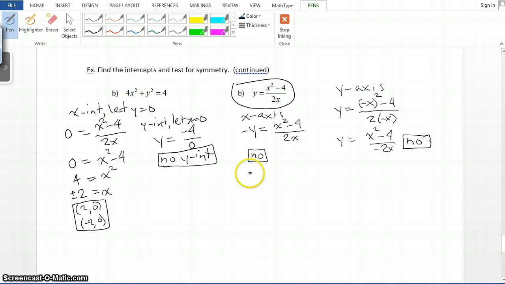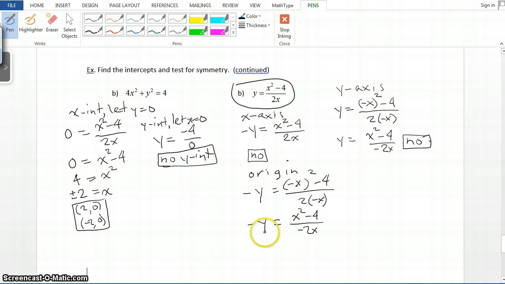Let's try origin. Remember, with origin we replace both, so I'll have a negative y over here. I'll have a negative x, and I have to square it, minus 4 over 2 times a negative x. Okay, watch what happens here. I got a negative y. Then here I'll have x squared minus 4, in the denominator I'll have a negative 2x. Now, if I take the opposite of my left-hand side, I'll have y.